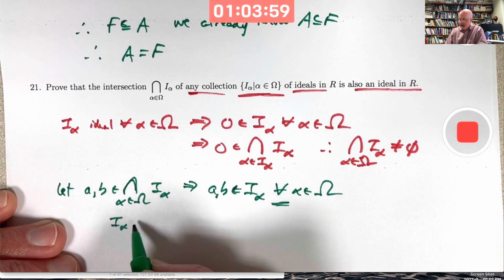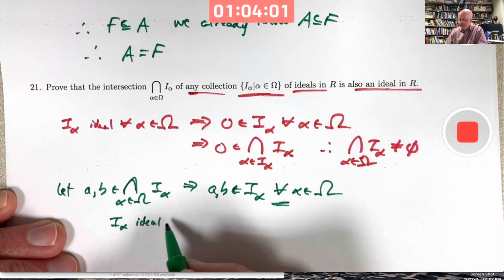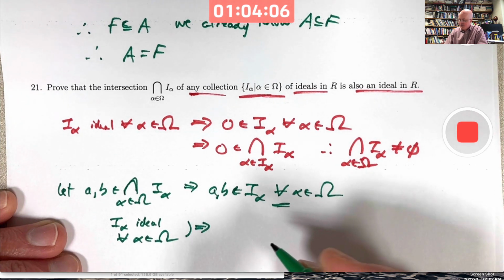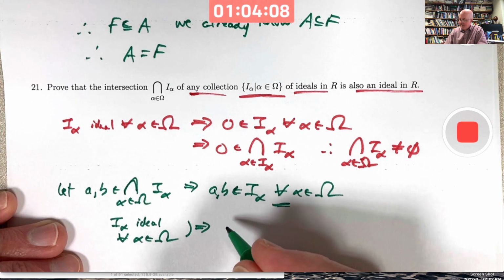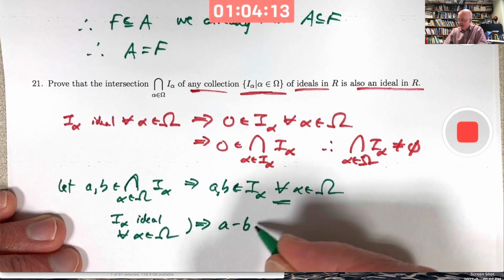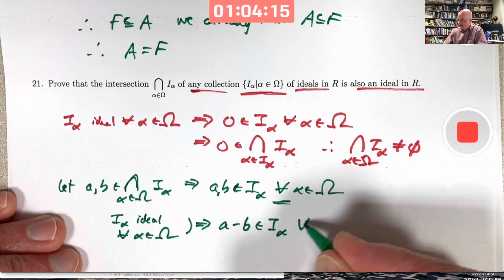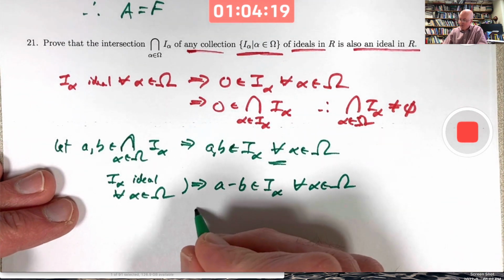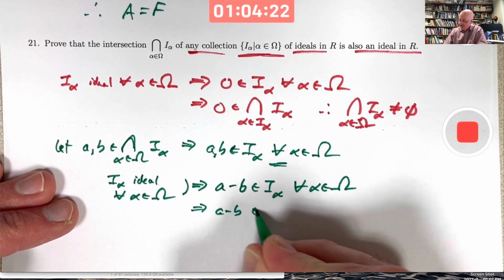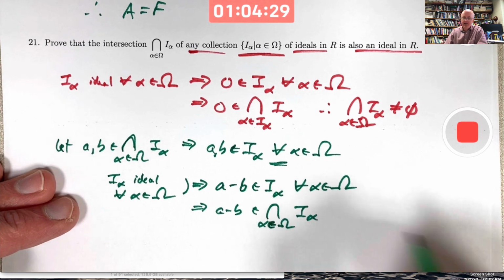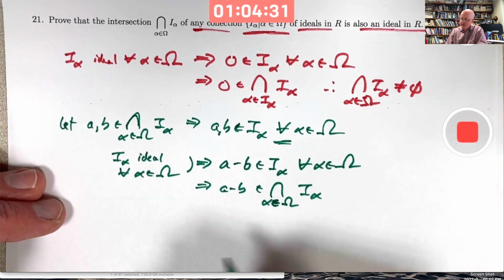And each I alpha is an ideal for each alpha. Implies, well, okay, let's just do subtraction. A minus b is in each I alpha. Which implies A minus B is in the intersection. It's that easy. Well, maybe I shouldn't say easy, but it's that quick. Because that's what it means to be in the intersection. So it's closed under subtraction.